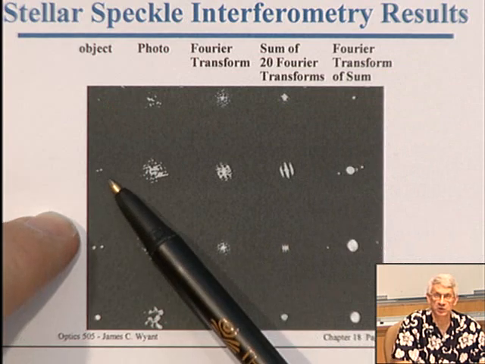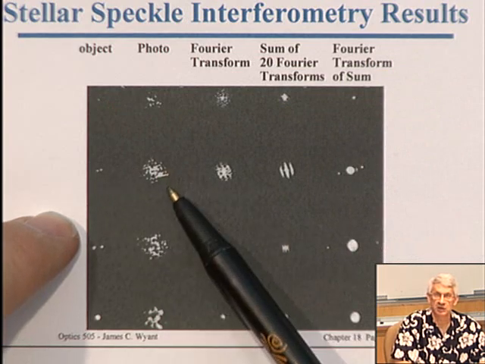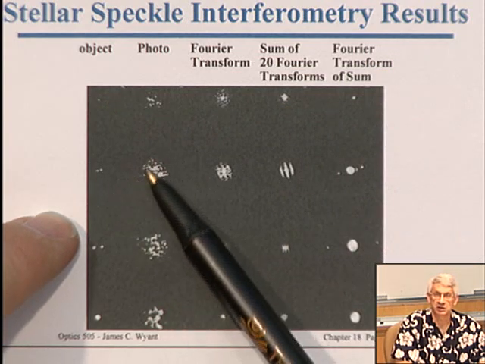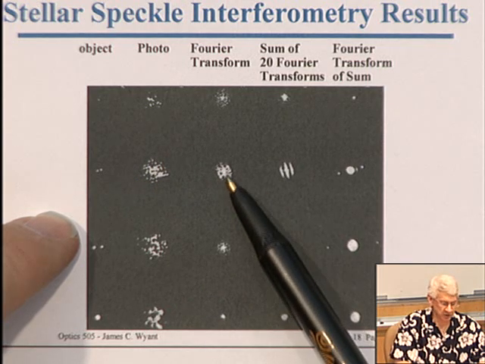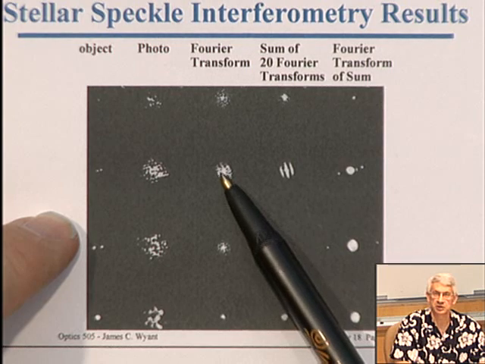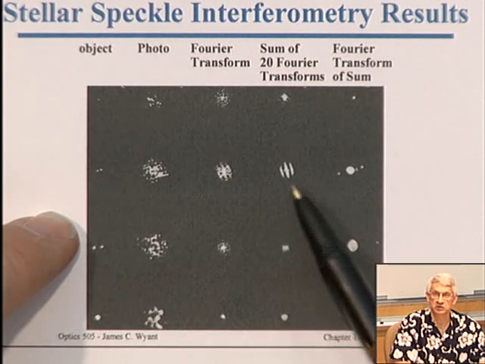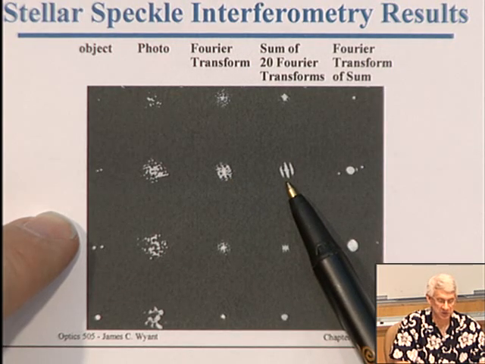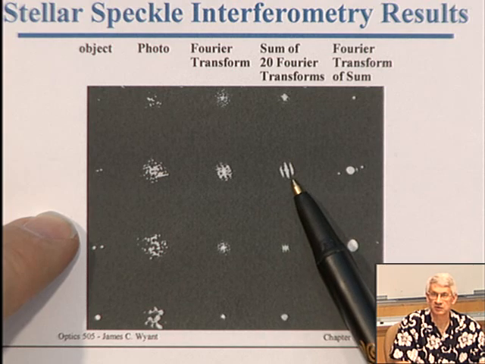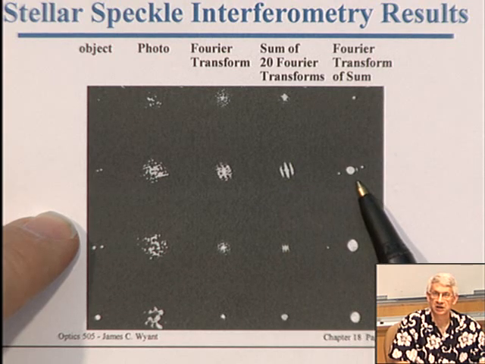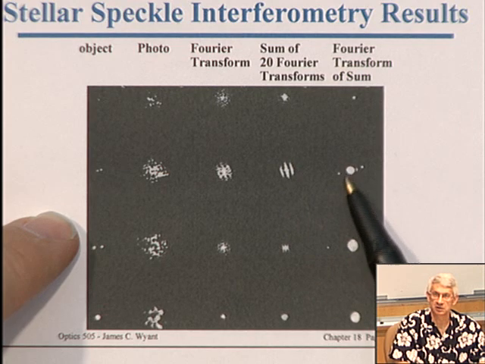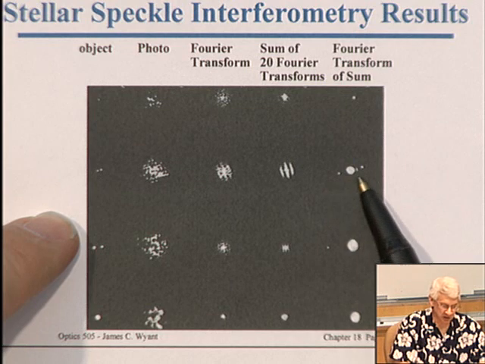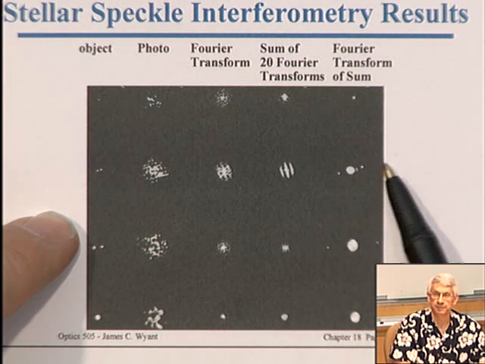Okay. Now, what if we have a double star? If we have a double star, we get a really ugly individual photograph. We get a Fourier transform that includes the Young's fringes, so we see a little bit of structure there in the fringes. Take the sum of the 2D Fourier transforms of the ensemble there, and what we get with the autocorrelation then is a big bright spot in the center, and then we see the companion peaks on the outside.